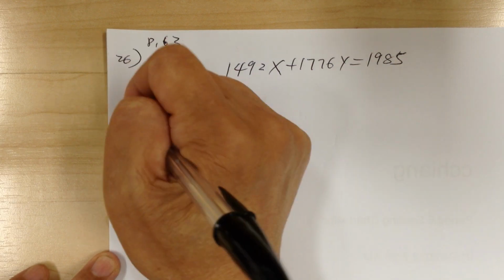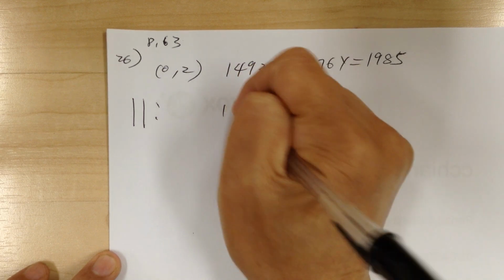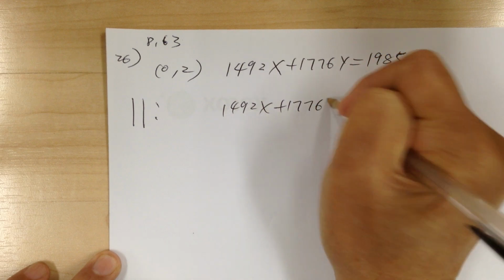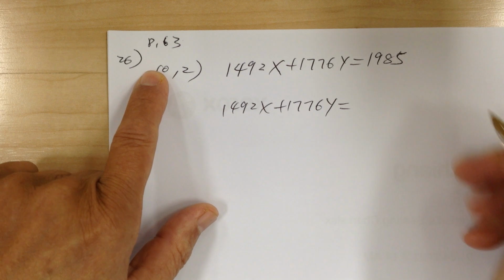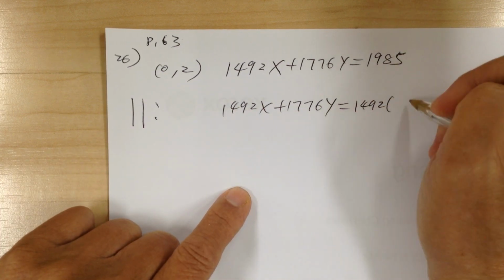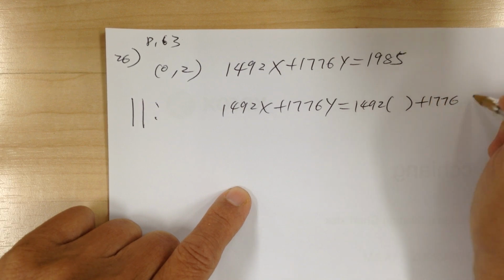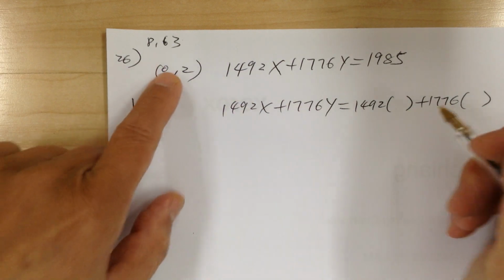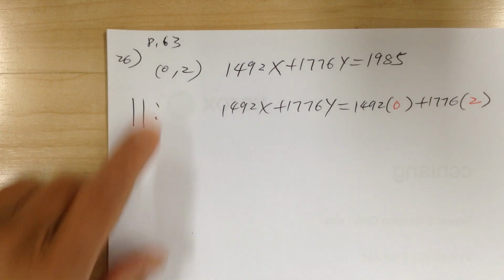Okay, so again, for the parallel line, you need to have 1492x plus 1776y equal to something. And you want to go through this point, so you have to put this point in here. So it would be 1492 times something plus 1776 times something, and this point is (0, 2).